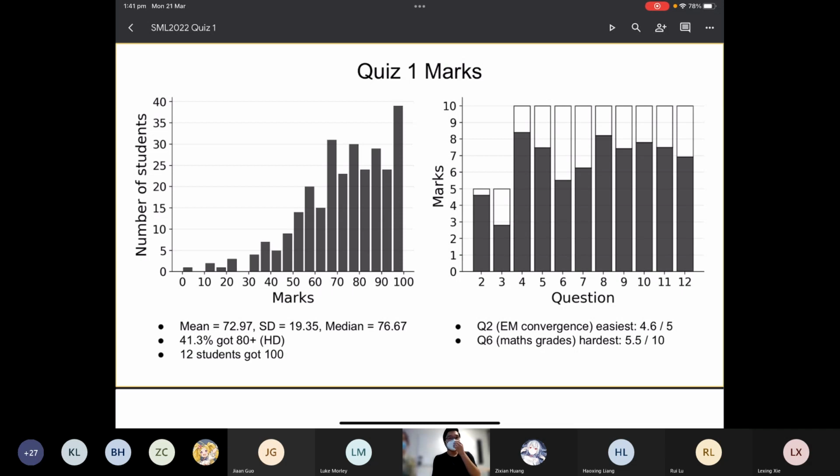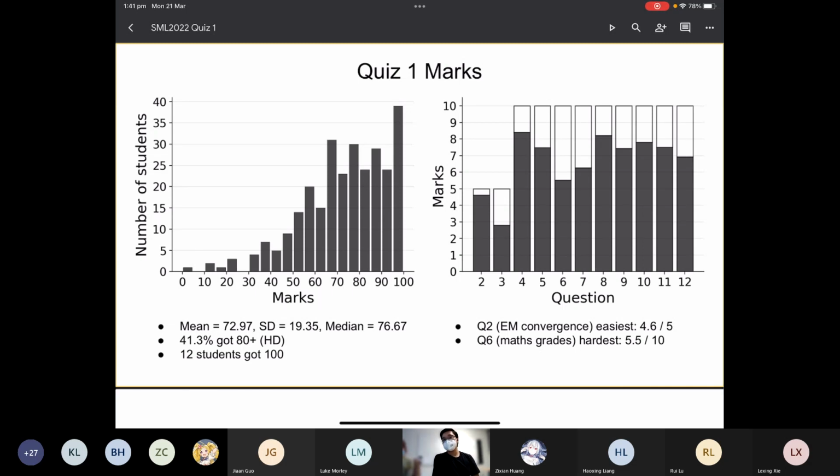On the right-hand side, you will see the maximum marks for each question, and the shaded bars are the average mark for each. So you can see the relative difficulty of each question. The first one, which is about EM, convergence, local and global convergence, is the easiest, so most of you got it correct.